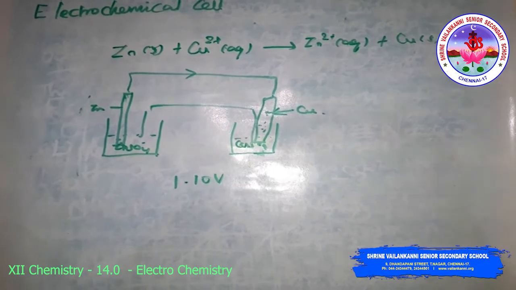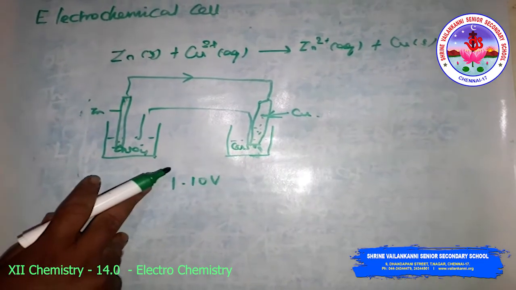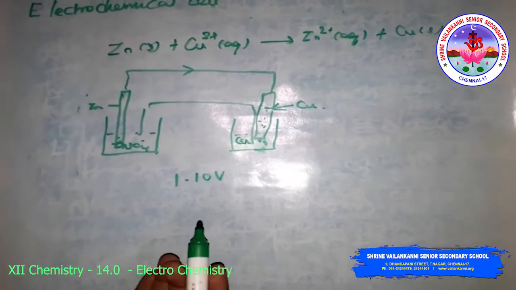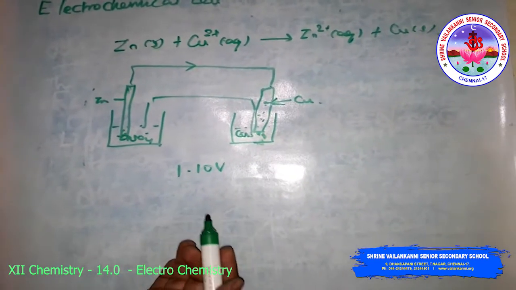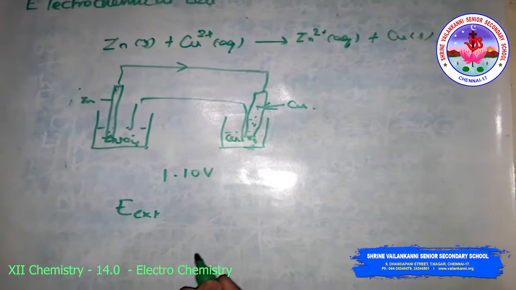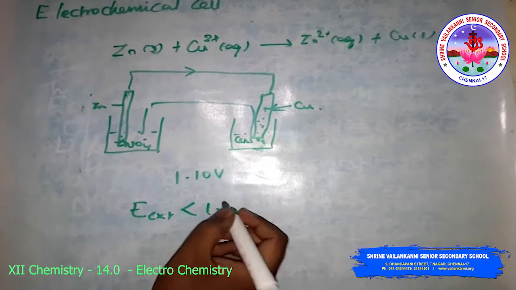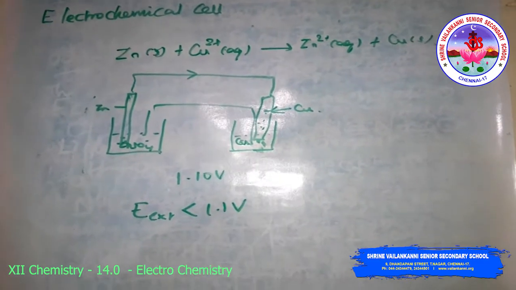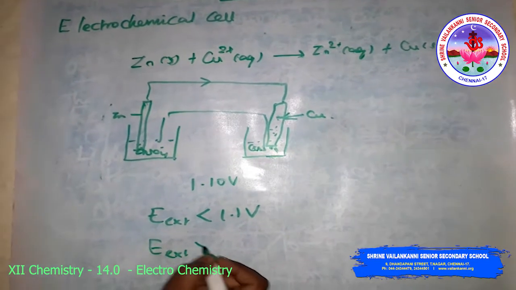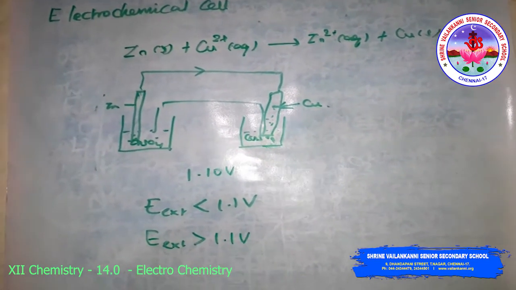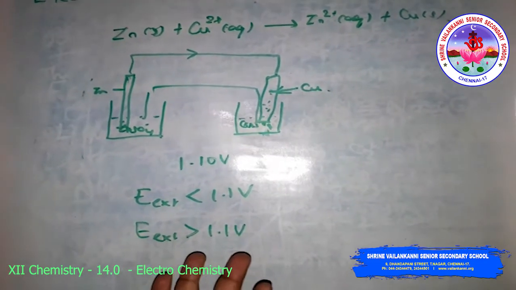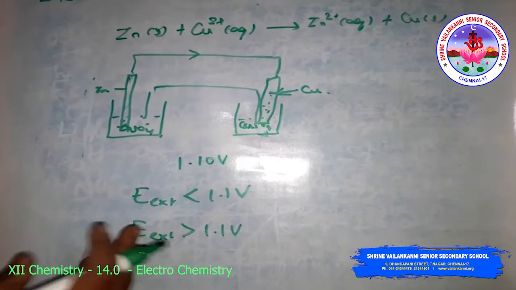Suppose the electrons flow from the zinc rod to the copper rod. The current flows from copper to zinc. That means the external electrode potential is less than 1.1 volt. Suppose E external is greater than 1.1 volt, then the electrons flow from copper to zinc and current flows from zinc to copper.